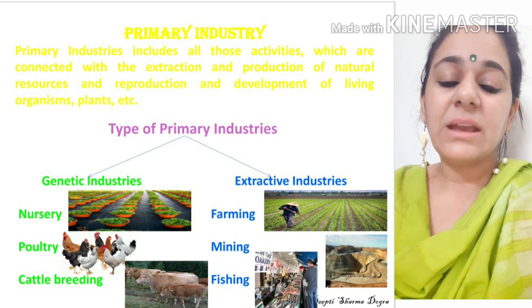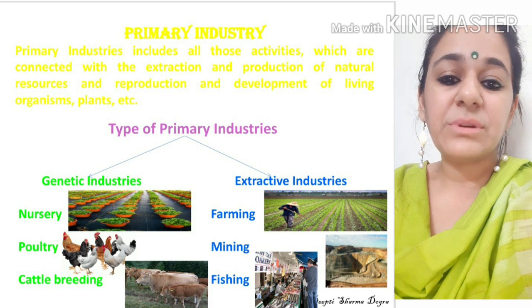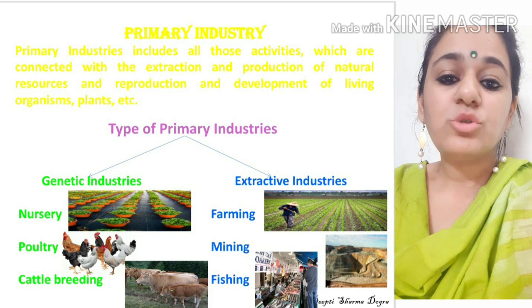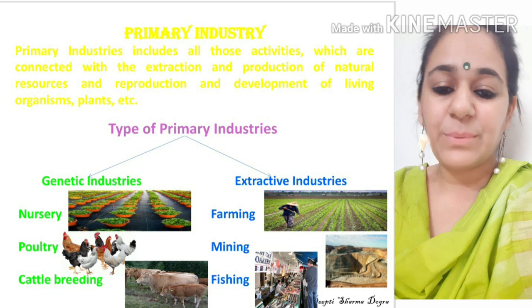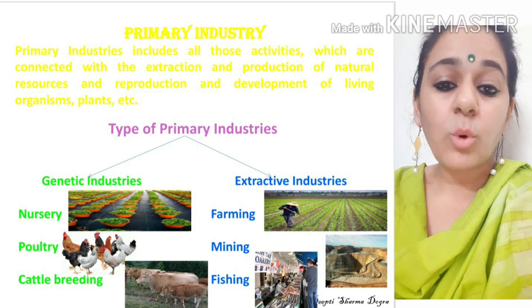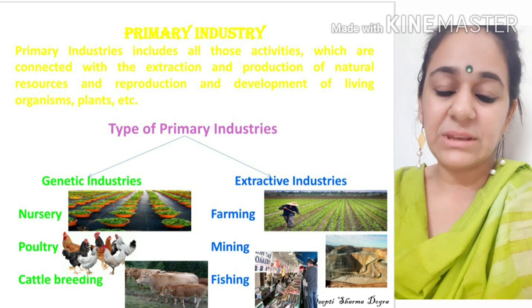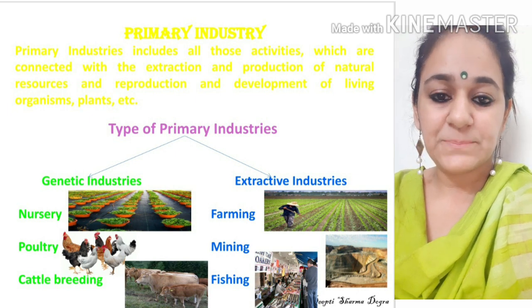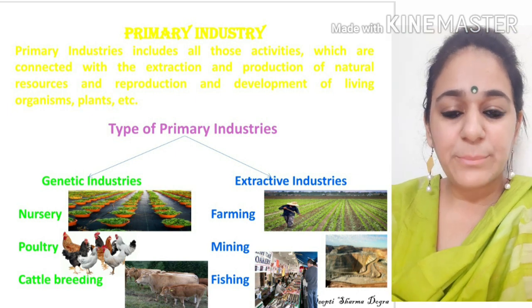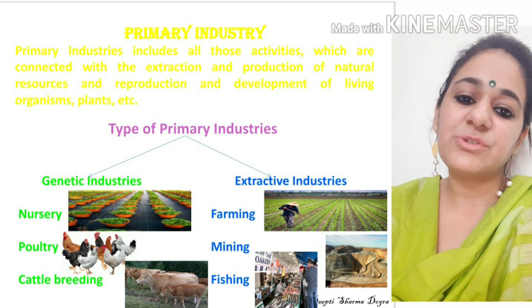Mining means extraction of minerals, gems, stones from deep under the earth for the sole motive of earning profit, because industry is an economic activity. The other type of primary industry is genetic industry.